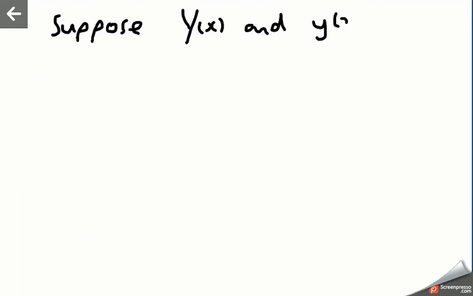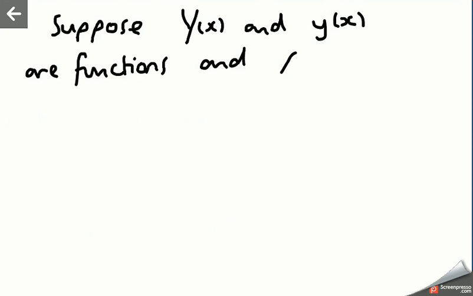So I'll write this in general now. Suppose big Y of x and little y of x are functions, and we have that big Y prime of x, so big Y differentiated with respect to x, is equal to little y of x.